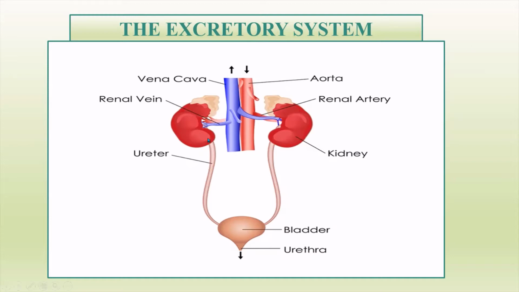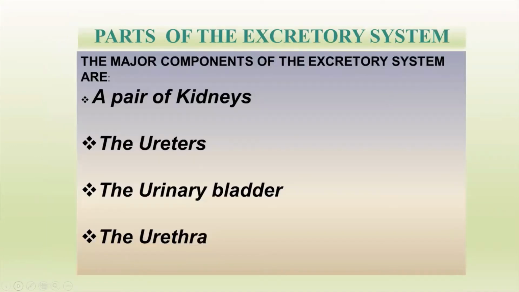These two are the kidneys. These are the ureters, both of them. This is the urinary bladder and this is the urethra. So the major components of the excretory system are the kidneys, the ureters, the urinary bladder and the urethra.